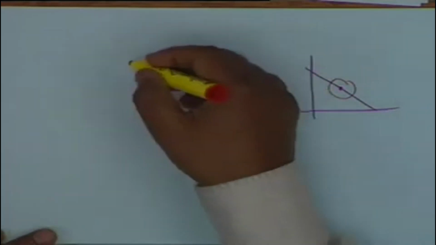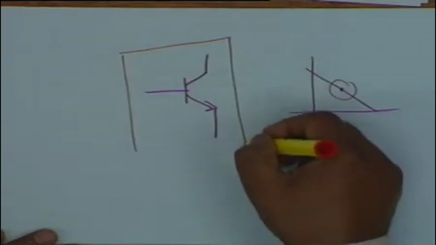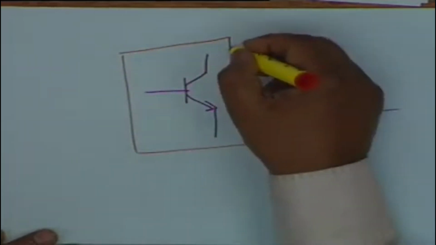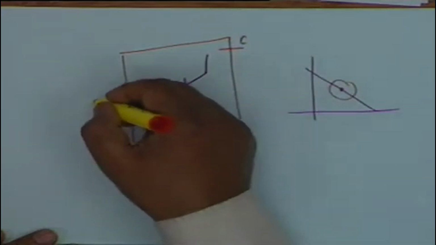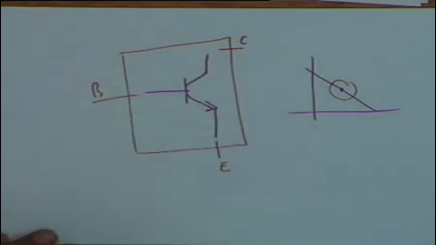So let us say we enclose this within a box, and we have three terminals: the collector, the emitter, and the base. This is a 3-terminal network or a 2-port network, which can be characterized in various different ways.